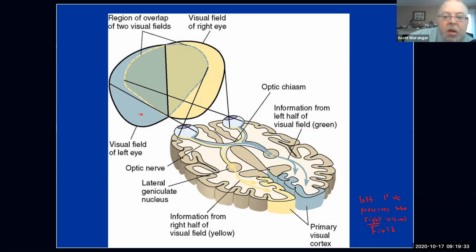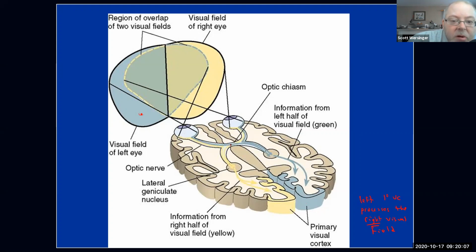All right. So how do we go from your eye, which has information from both the left and right visual field, to only information from the contralateral, the opposite visual field in the primary cortex? Okay, so the optic nerve is going to carry information from both visual fields. And as that moves through the optic nerve, when we get to the optic chiasm, our axons are going to follow different paths.